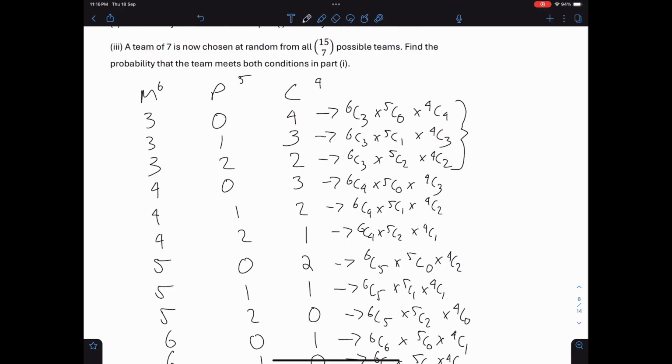Now, what's left for us to do is to evaluate these and then just add up the number of combinations. Now, for that first one, I will factor it. You can factor out that 6 choose 3 because it's common to all of them. We've got 1, 6, 20 for there.